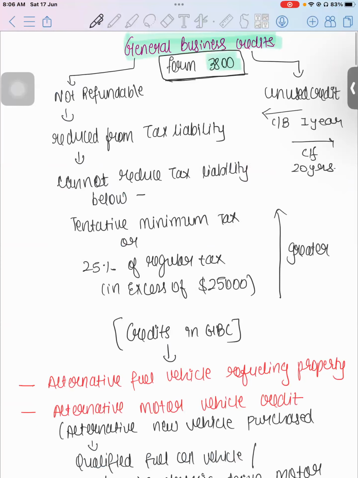So general business credit. First of all, what are credits? Credits are something which reduce your tax liability. Okay, so there is a difference between deductions and credits. Deductions are the expenses which you can deduct from your income. But credits are what? Once you identify your net income, on that you are going to pay some tax, right? So that tax portion is called your tax liability.